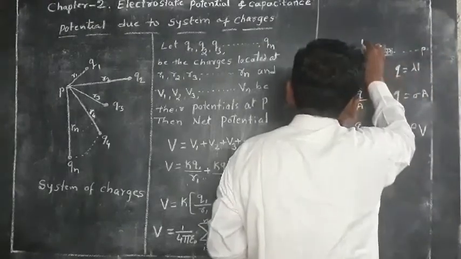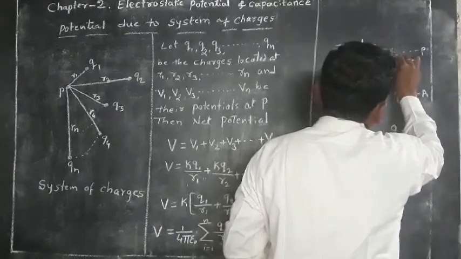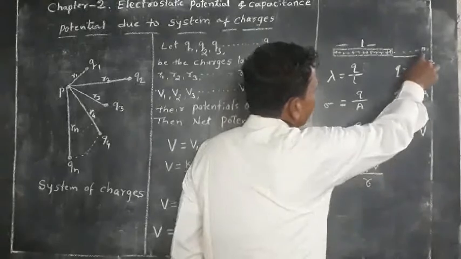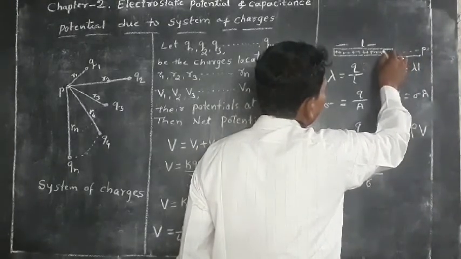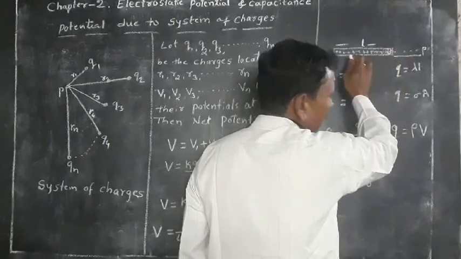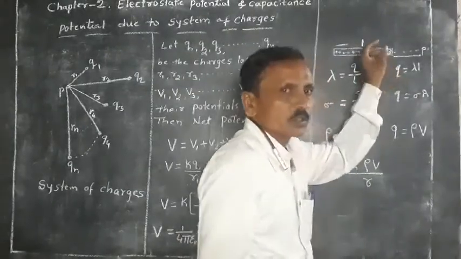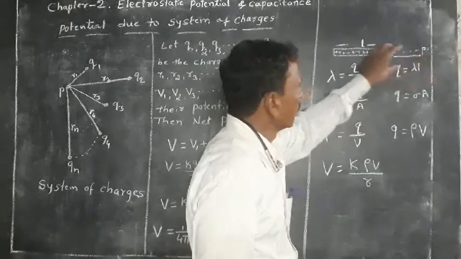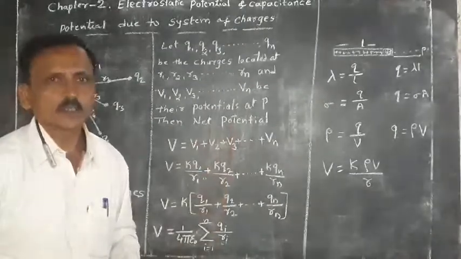This is length L, and we know the distance of this point. Then potential at P due to this small element plus potential due to the next element, and so on as the length increases. Therefore, summing all the potentials due to smaller elements, we get the potential at point P due to continuous charge distribution.